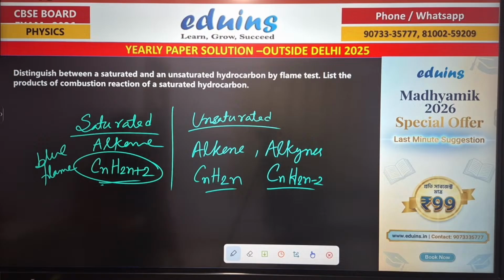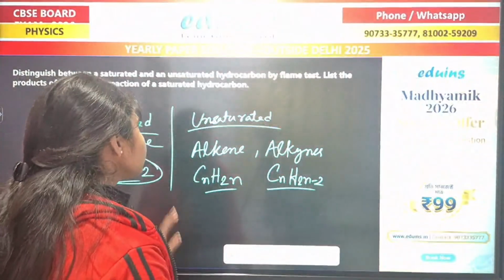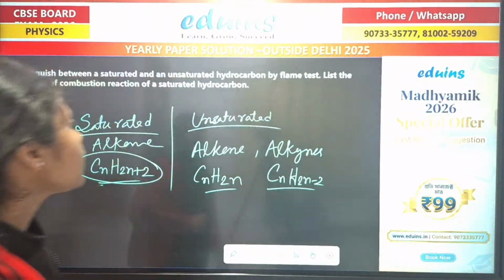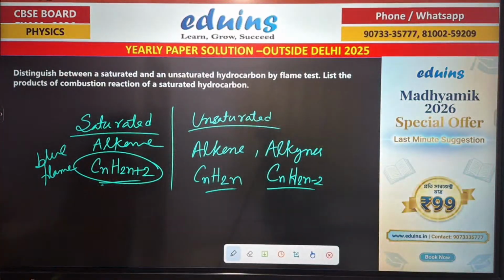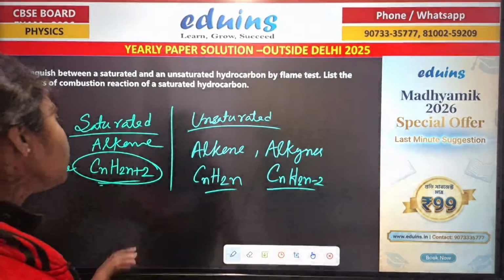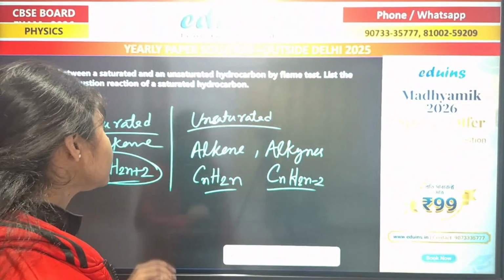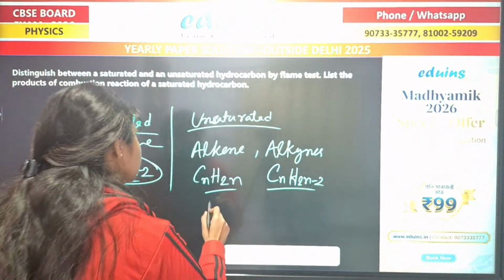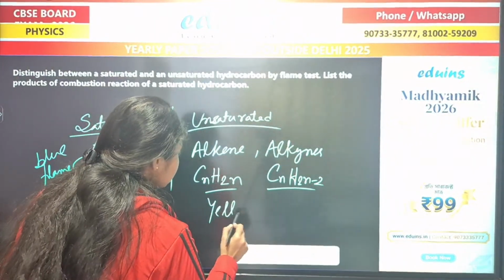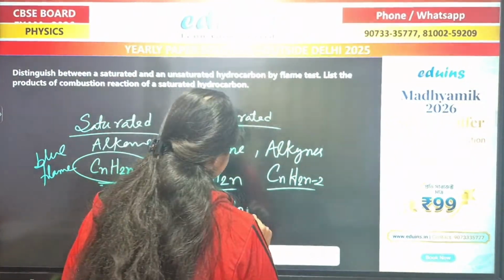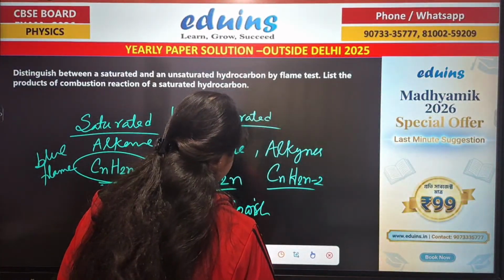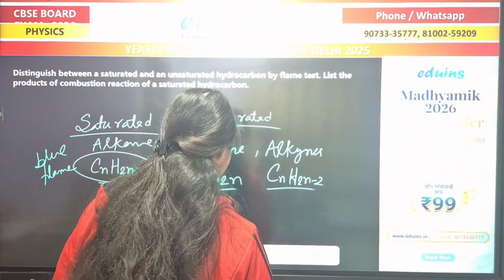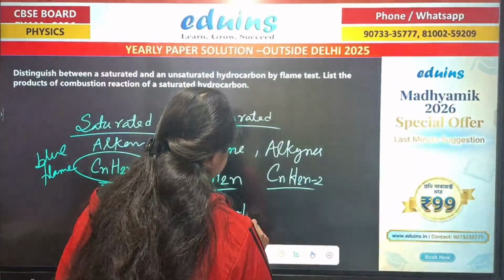So, now for unsaturated hydrocarbons, there is less hydrogen. Because of less hydrogen presence in these, the color of the flame is yellowish, sooty yellowish.